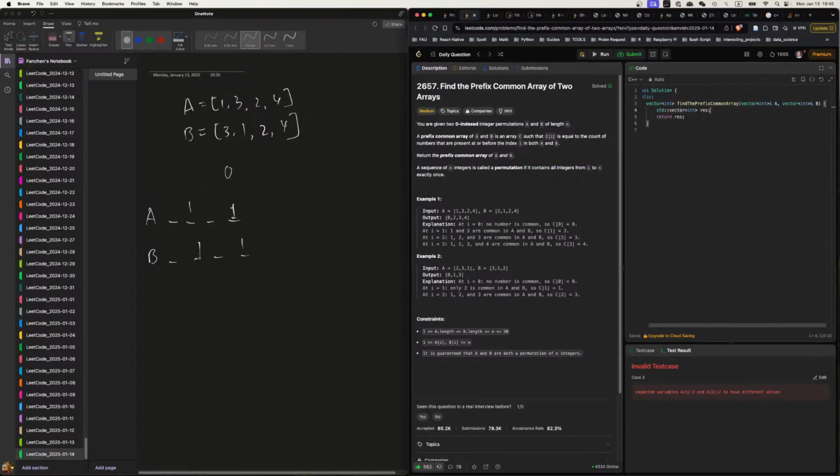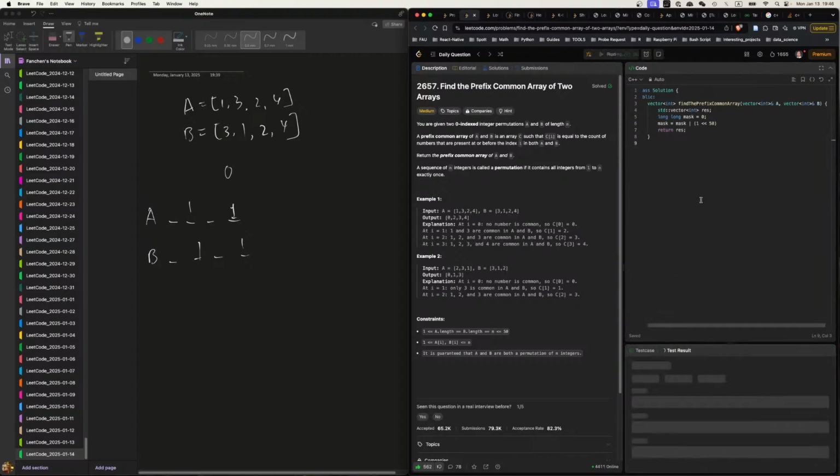Let me see if it's possible. Long mask, mask left shift. Wait, hold on. Will mask equal mask or 1 left shift, I don't know, 50. This is allowed because it's a long.